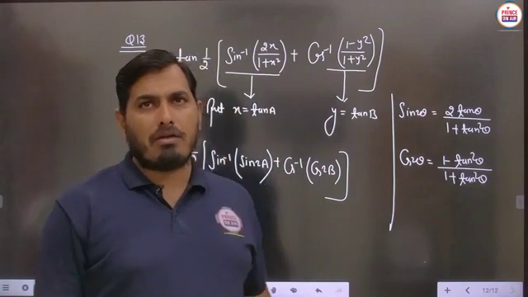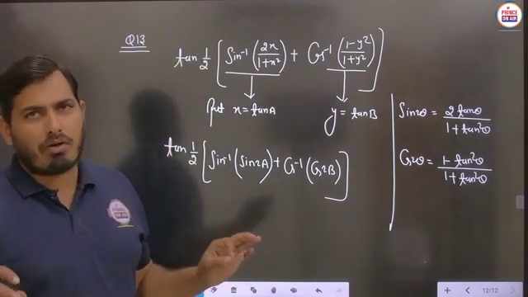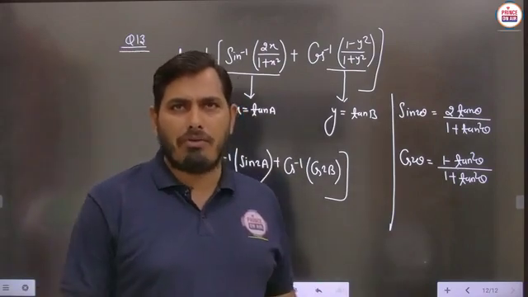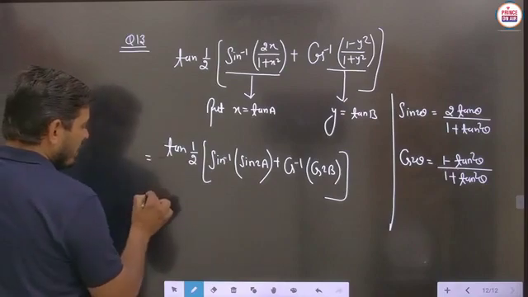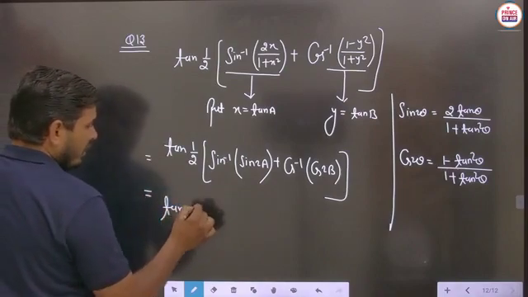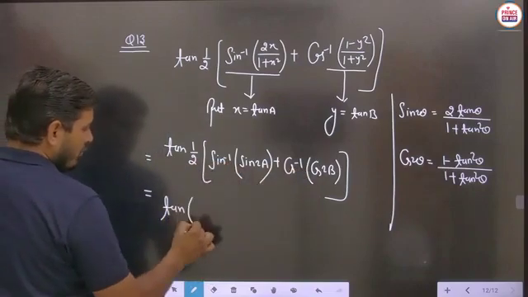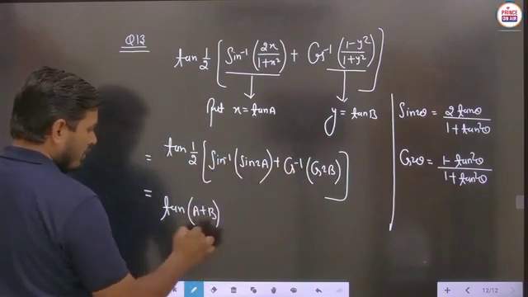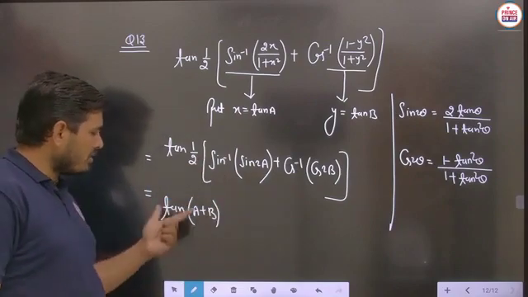For this part some conditions are given, and students, again I am saying the conditions are always fulfilled with the principal value in your NCERT. So I think there should be no problem. Directly you can write down this expression as tan of, this is 2a and this is 2b. 2 will be taken common, then it will become a plus b. So finally we will get this expression as tan of a plus b.